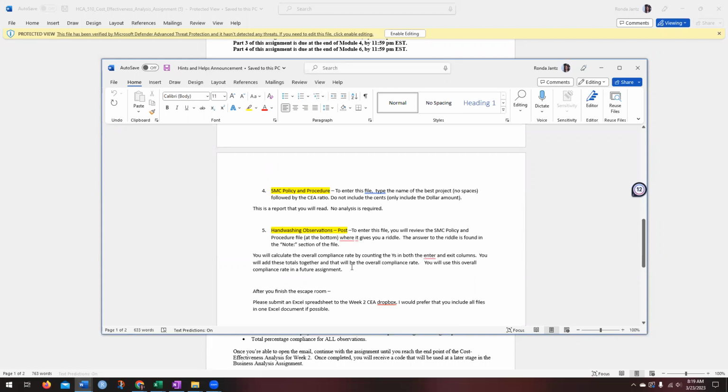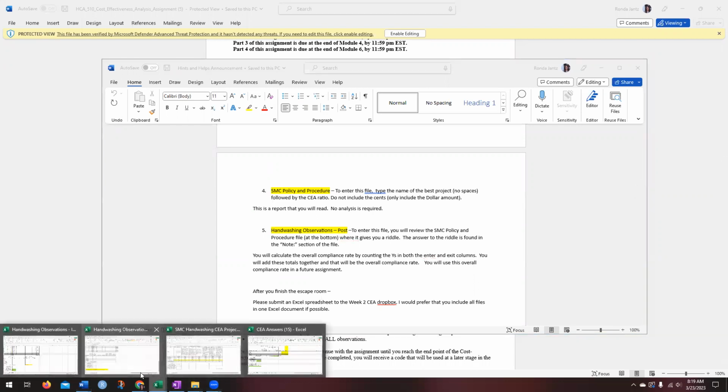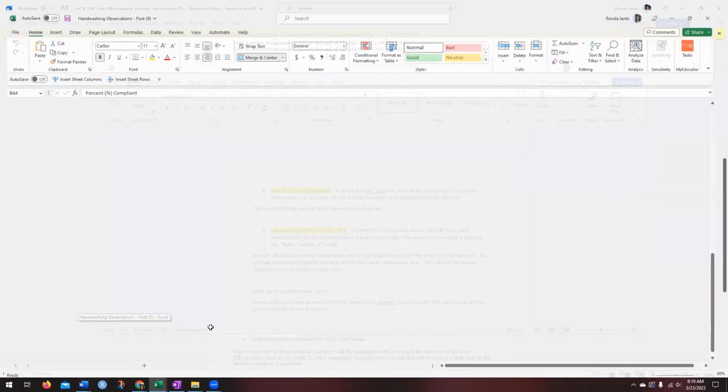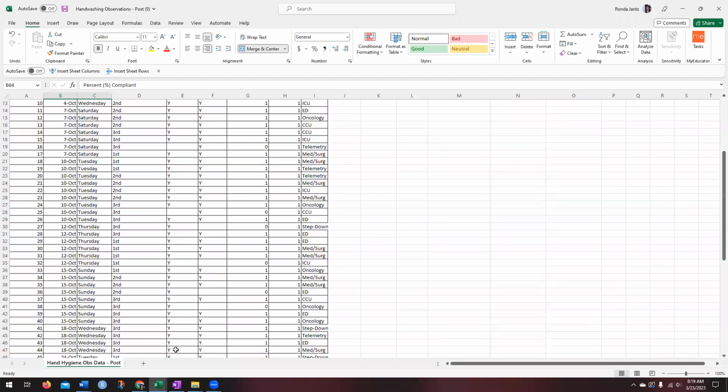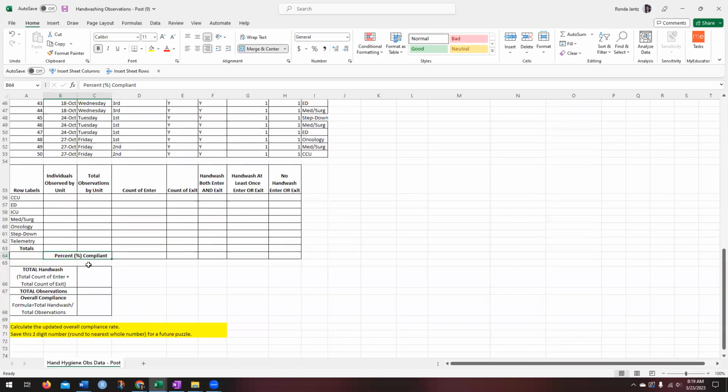And then you're going to do the exact same thing that we did in the initial hand washing, but after we've implemented the new procedure. So that file is going to look, I think this is the final. Yeah, this is the final. We're going to do the same thing again, only we're really only going to need to know total compliance.